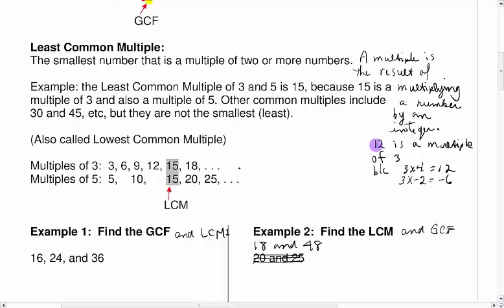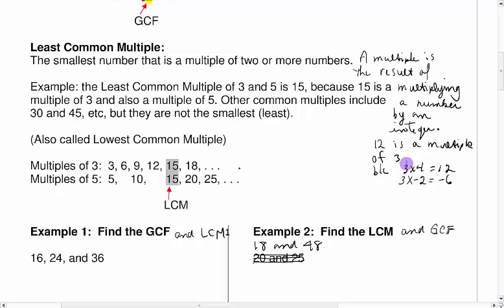So 12 is an example of a multiple of 3 because I can go 3 times an integer 4 to get 12. So 12 is a multiple of 3. I can times 3 by a negative integer, so 3 times negative 2, which gives me negative 6. That makes negative 6 a multiple of 3.